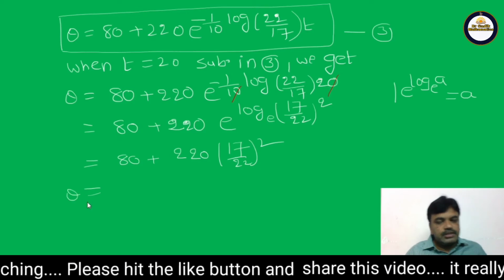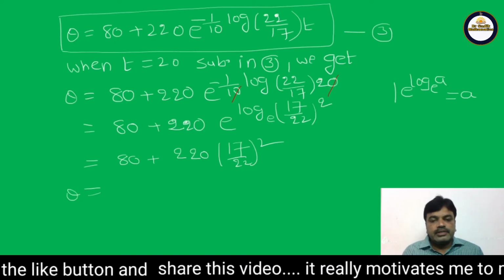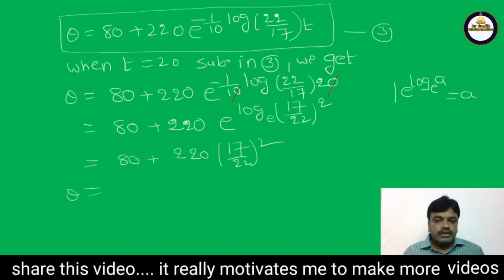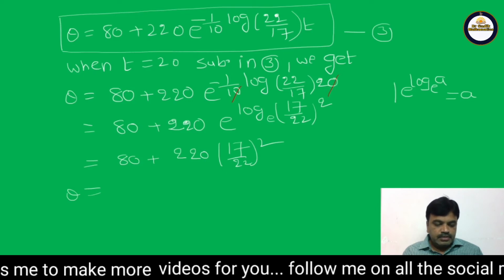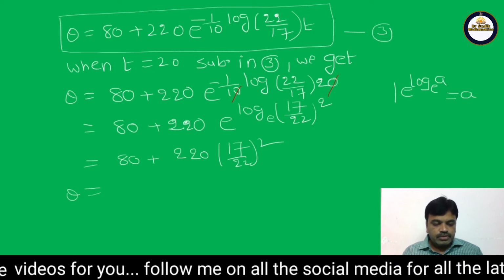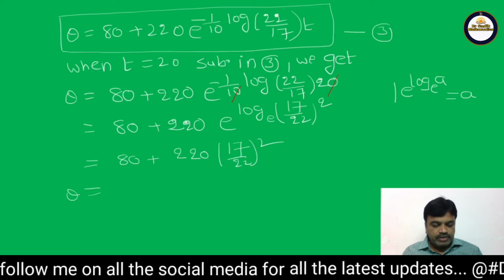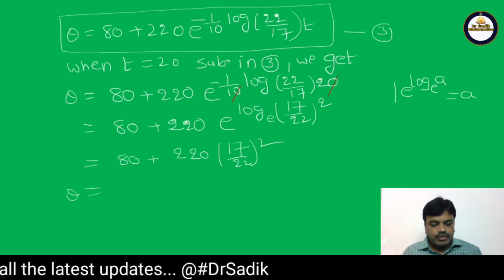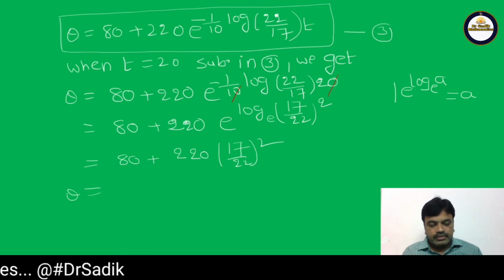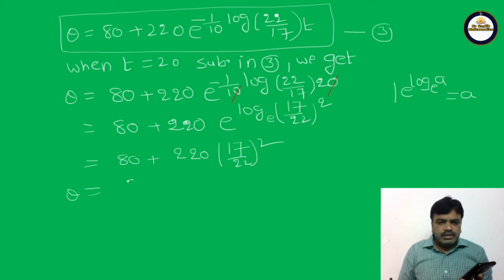Therefore theta, I want to calculate in the calculator, friends. First of all I calculate bracket 17 by 22, bracket close. Then x power y, we have square here, so we get 0.5971. Now 80 plus 220 into 0.5971.